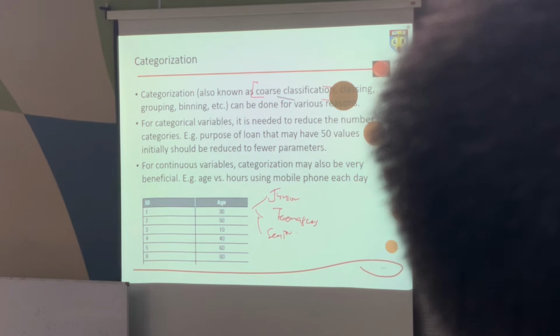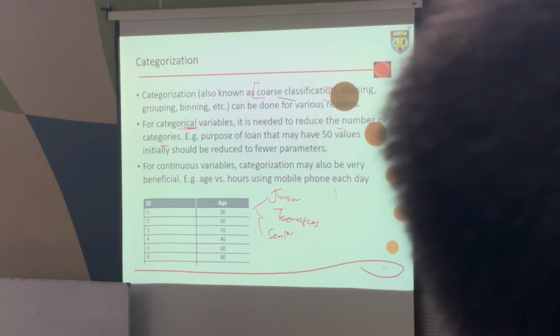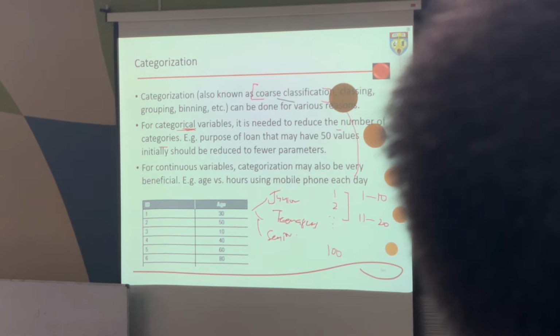And another reason: if you are working with categorical variables, implementing classification can help you reduce the number of categories. For example, maybe you have 100 categories. You can group these categories, like 1 to 10, 11 to 12. This process is what we call classification.